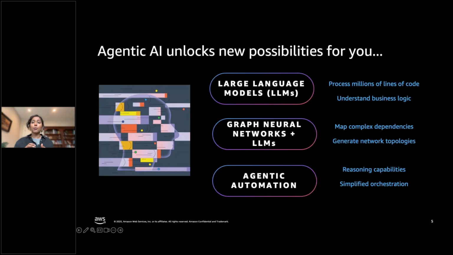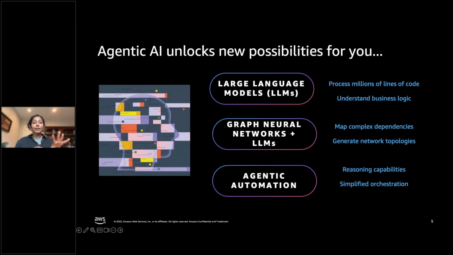LLMs allow us to now process millions of lines of code in the order of minutes to do things like translate from one programming language to another, as well as generate documentation and natural language representations of code. Previously, this understand phase would take teams weeks and months, and now we're able to execute on this documentation and initial analysis in the order of minutes.